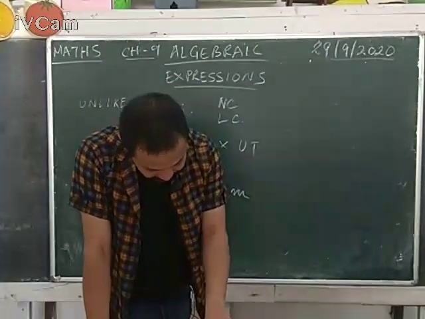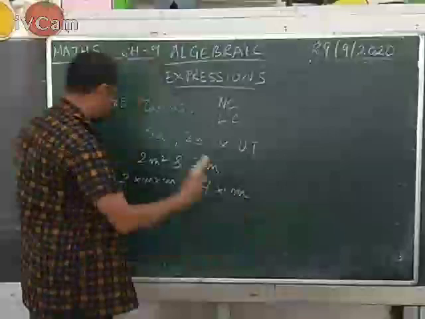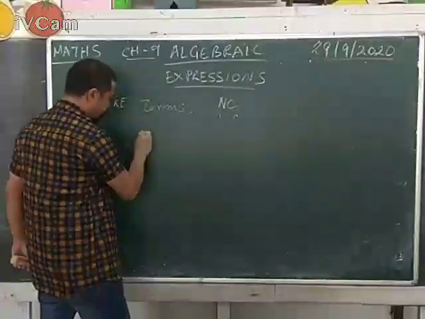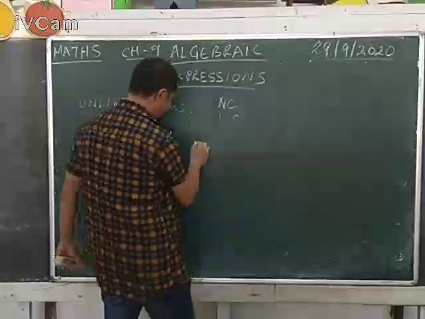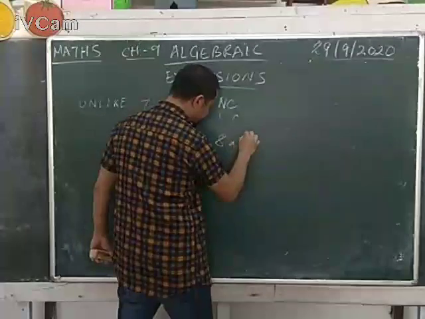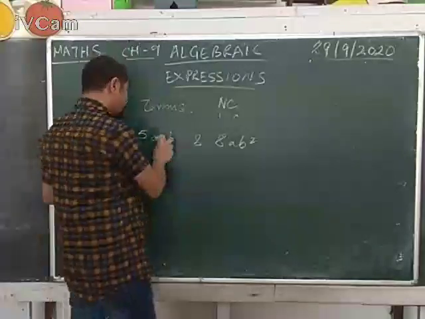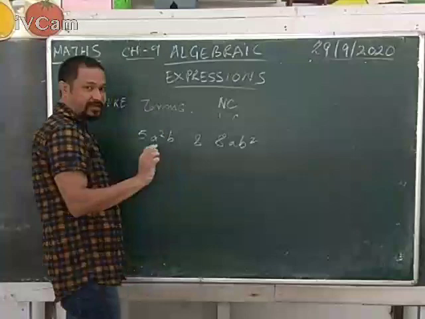Now look at the third one, 5a square b and 8ab square. This is again the interesting one. See, they are not like terms. Yes, numerical coefficient is there. Literal coefficients are there.